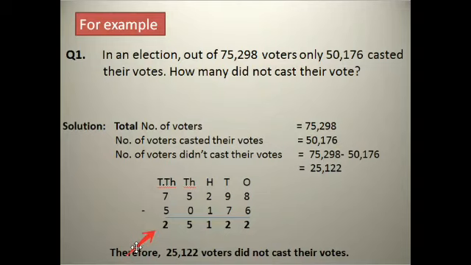After subtraction, we find 25,122. At last, we write the answer. Therefore, 25,122 voters did not cast their votes.